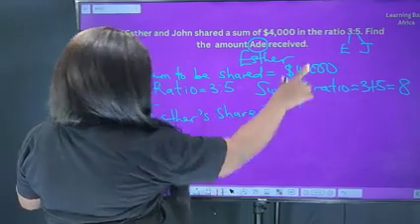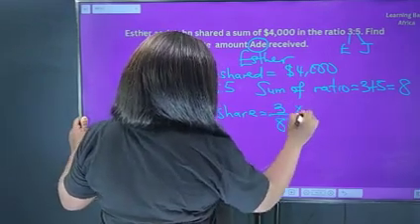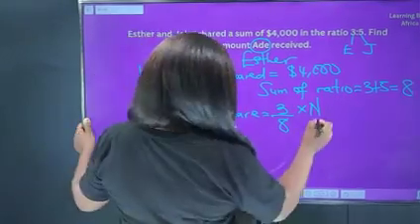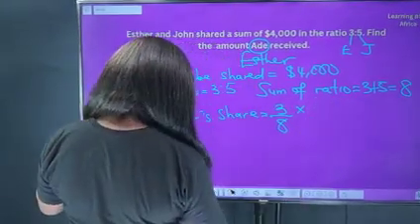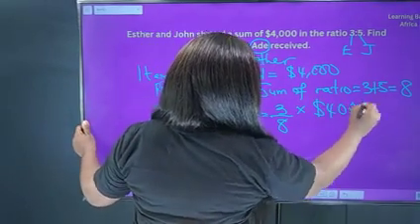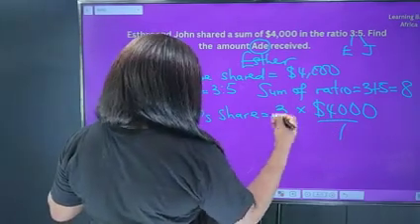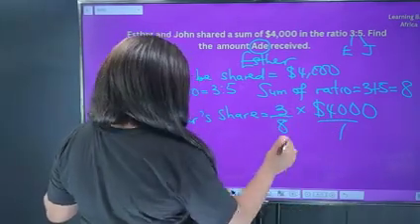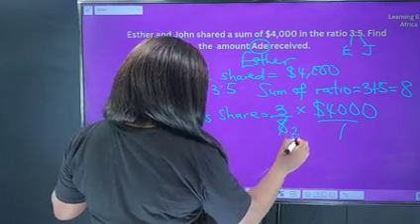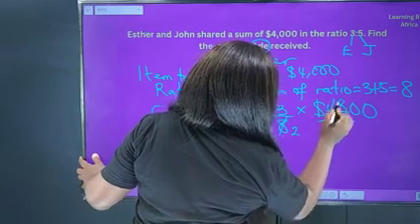So now Esther's share is equal to 3 over the sum of ratio, 8, times $4,000. So quickly, let's reduce this to the lowest term. 4,000 divided by 8, let's take it one after the other. 4 divides 8, you have 2. 4 divides 40, you have 10.